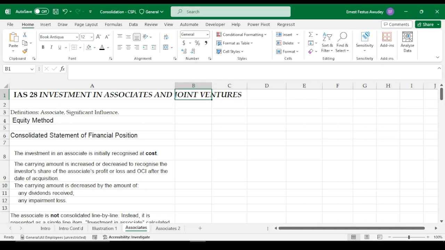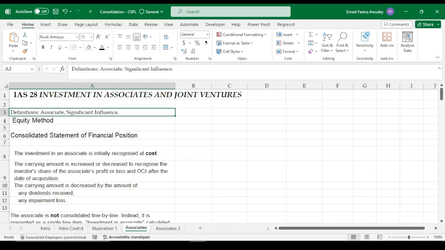So let's look at some definitions. These definitions, I have already given them in my very first video as well, so if you like, you can refer back to them. But for a recap, let us look at what we mean by an associate. We know a parent, we know a subsidiary, and we know that what connects the two is what we call control.